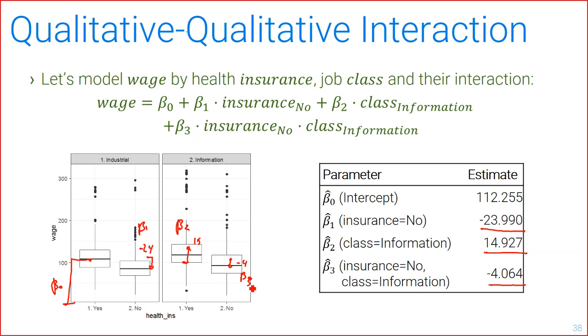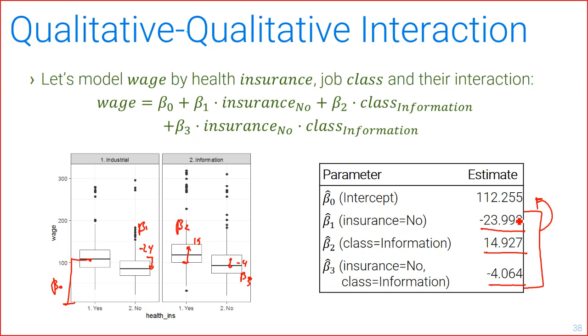So you see, by including the interaction effect as a dummy variable, we can model here the average of each of the 4 groups in these 2 variables, the class of work and whether they have insurance or not. That's how we interpret the model again. It's all again about deviations. These are all deviations from the baseline, from the common intercept.